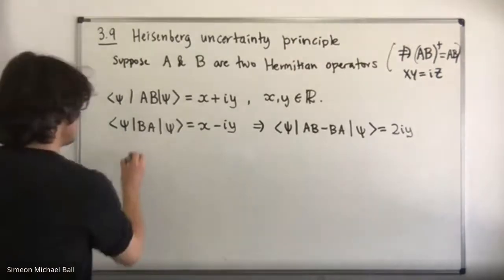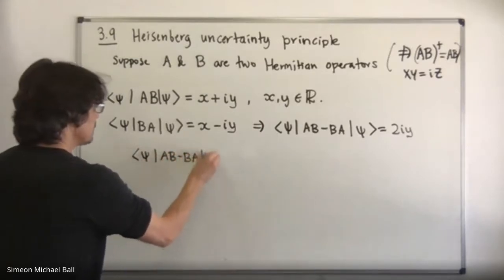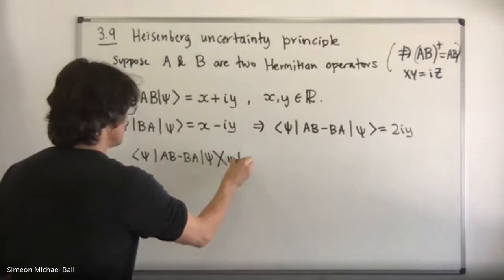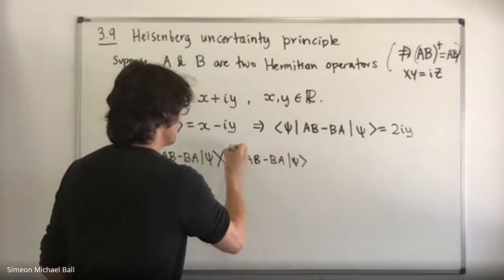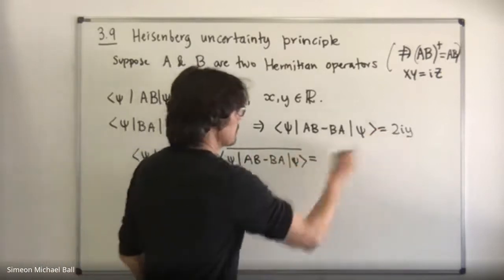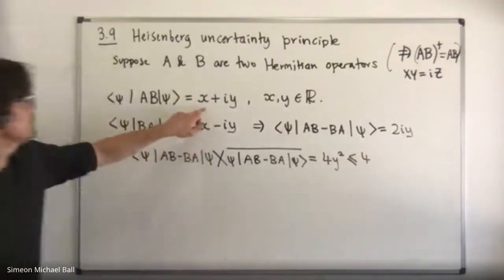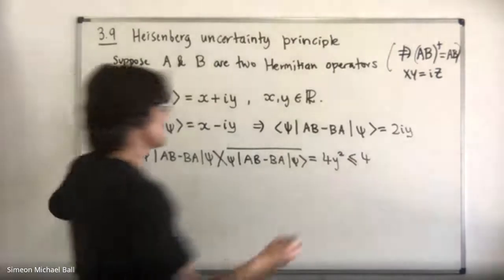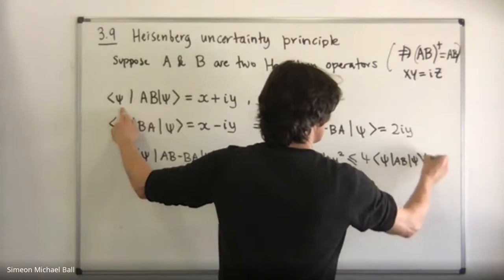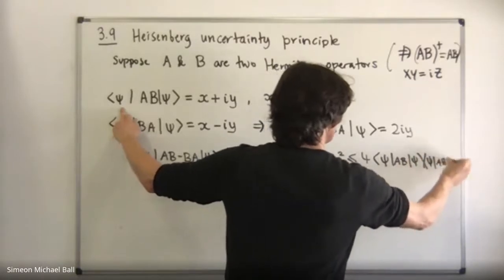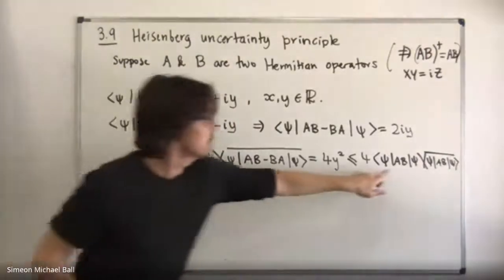Yeah, so if I now take this and look at its conjugate, this is going to be this with its conjugate, which is 4y squared, which is less than or equal to 4 times what I would get if I conjugated this thing here. Okay, because that's x, this is x squared plus y squared.